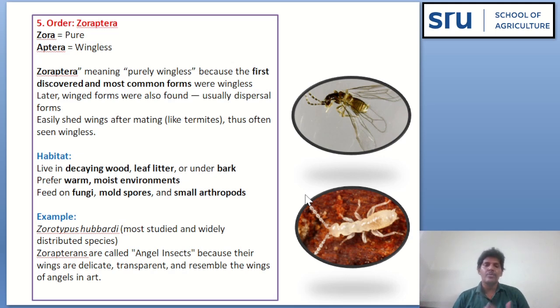Later, winged forms were also found, usually dispersal forms, but they shed their wings after mating, just like termites, thus often seen wingless. An example for Zoraptera is the angel insect. They are called angel insects because their wings are delicate, transparent, and resemble the wings of angels in art.